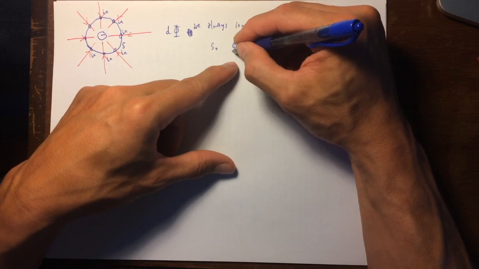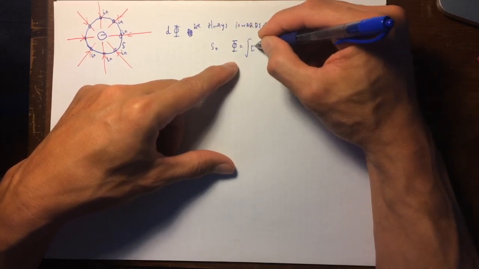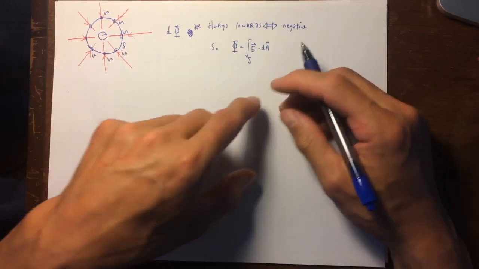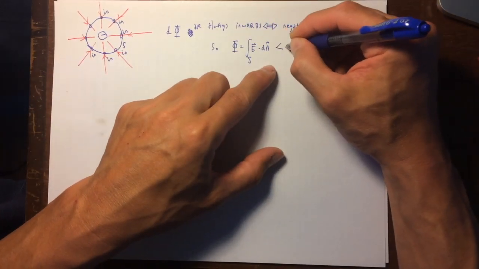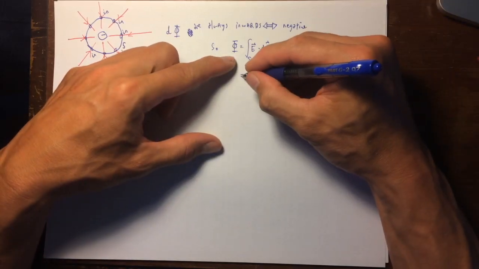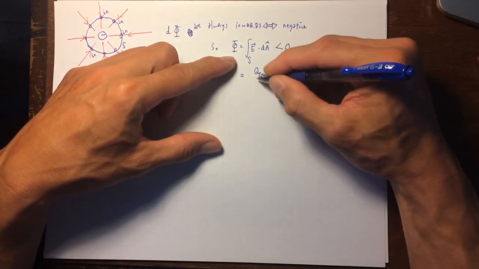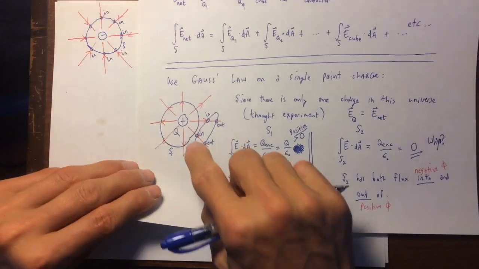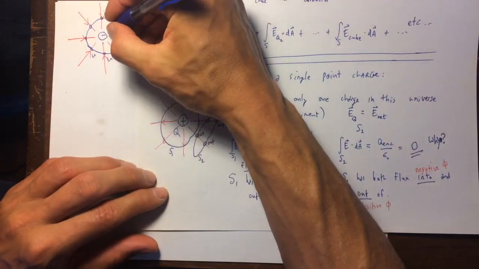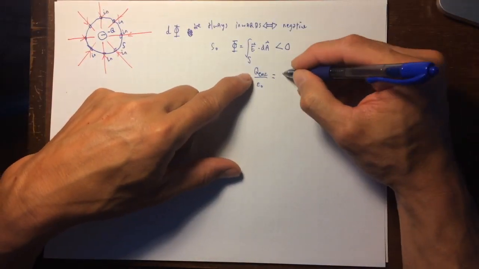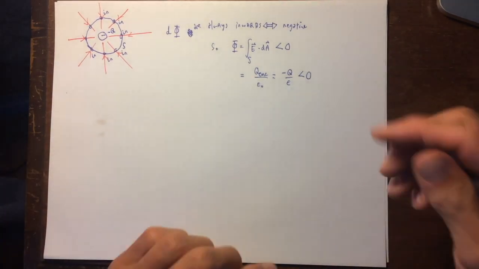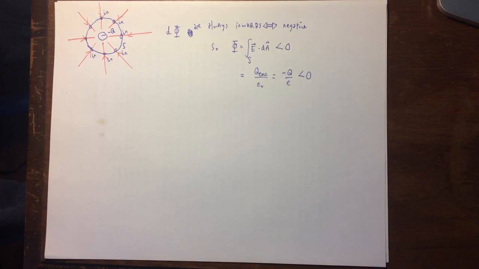So the overall flux of this electric field through this surface S is going to be less than 0, and Gauss's law tells me it's the charge enclosed over epsilon naught. If this charge is called Q, then this one is called minus Q, and so the charge enclosed is minus Q over epsilon naught, and this quantity is less than 0, so they match.